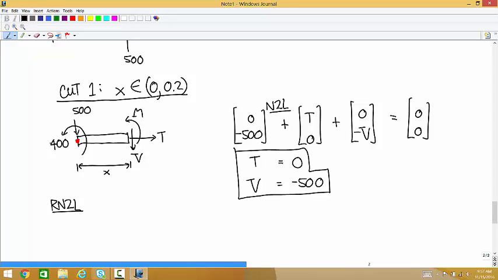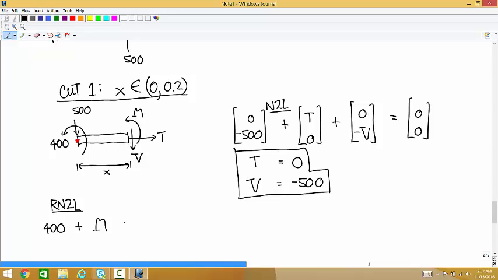So that 400 Newton meter couple, does that produce a moment? Yeah, so just add that on. The 500 Newton force going down, does that produce a moment? No. T? No. M, yes, so just add on M. V has a moment arm of x, and would that produce a clockwise or counterclockwise rotation around the red dot?